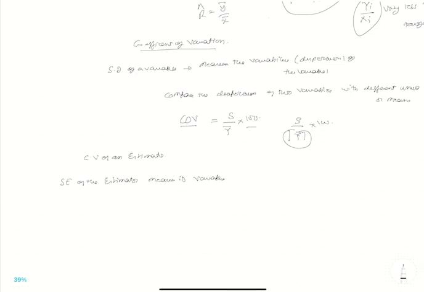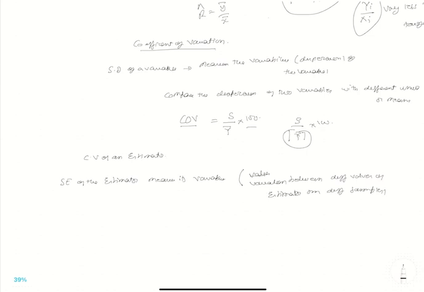Variation between different values of estimators from different samples, and that's the difference. So the variation between different values of estimators from different samples, that is the standard error of the estimator.